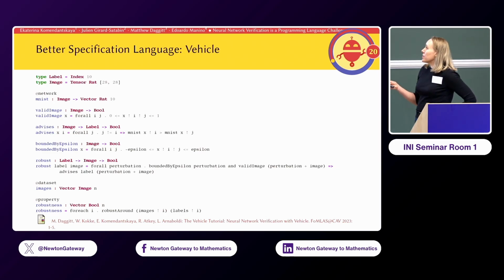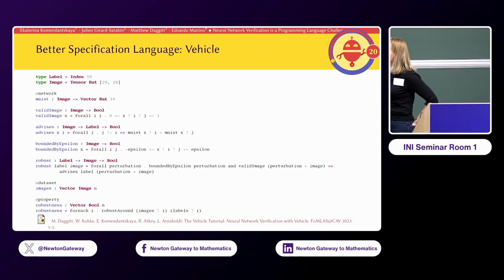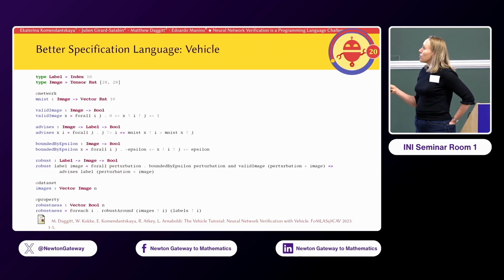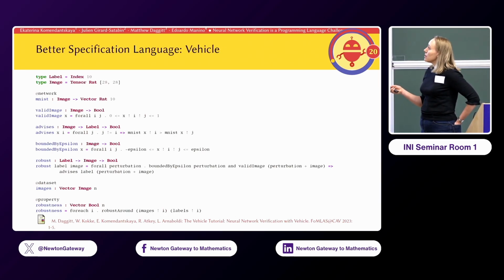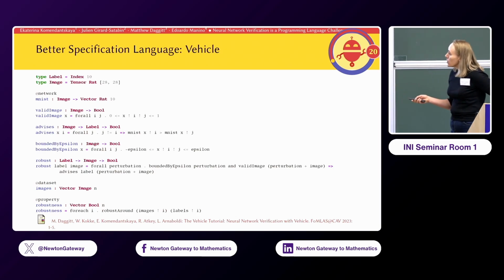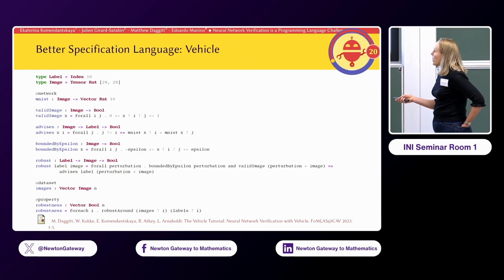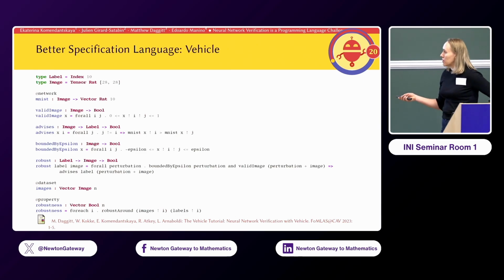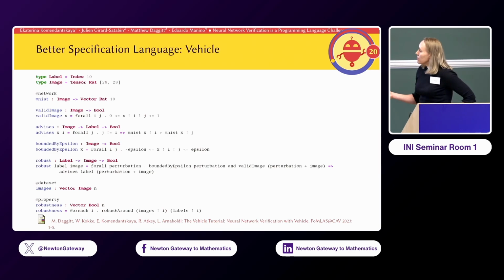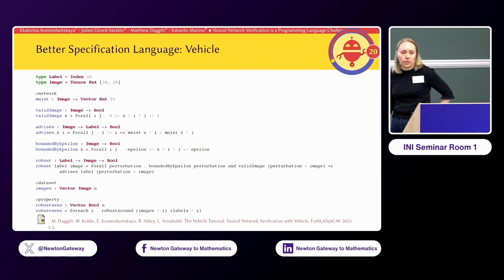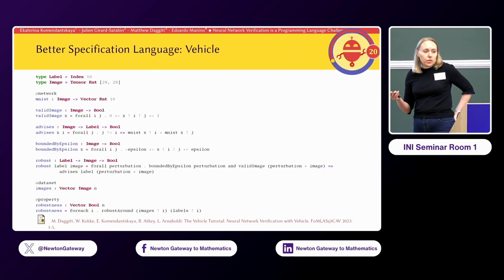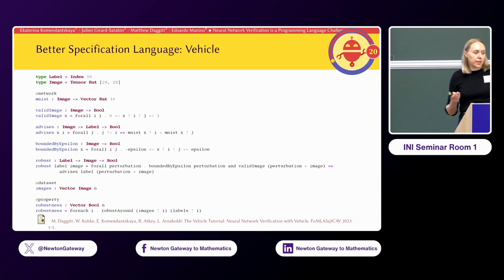Even if you do use the ONNX format somewhere, you would at the very least like to say what the type of your neural network is, what valid images and invalid images are. You want to have a binding to a data set because that's where you're going to be taking your images from. And here's your robustness property. So this is just a tiny, clean language in which at least you can have some order and full specification of the problem.